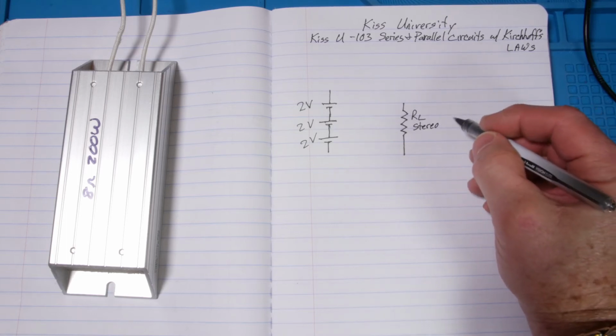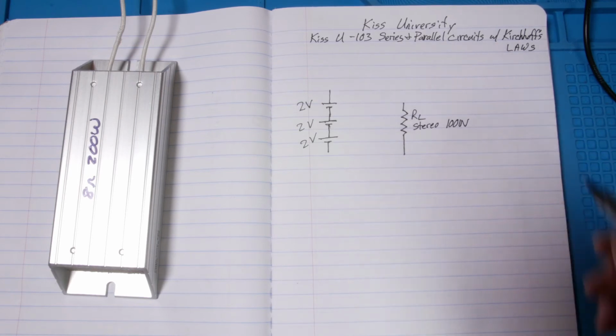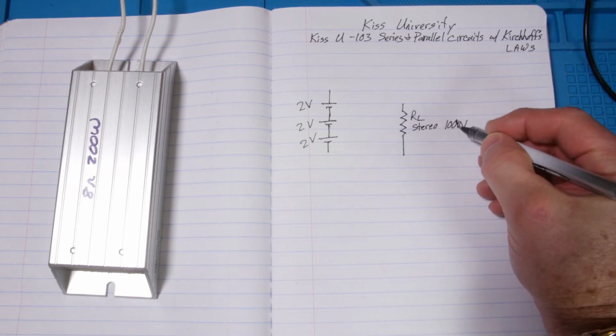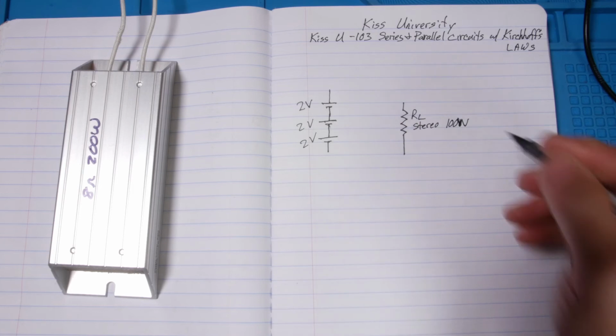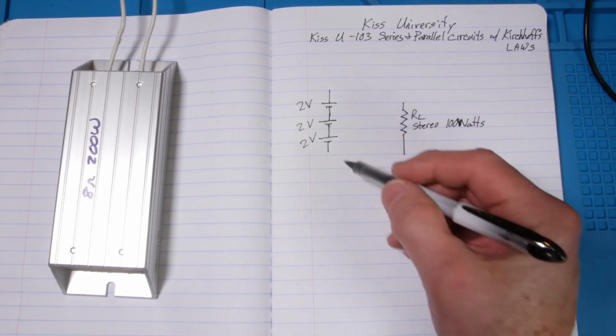And this stereo, I'm going to say it's a 100-watt stereo. Sorry, that's a pretty crappy W. Okay, 100 watts, okay? Then we're going to go ahead and connect it up.